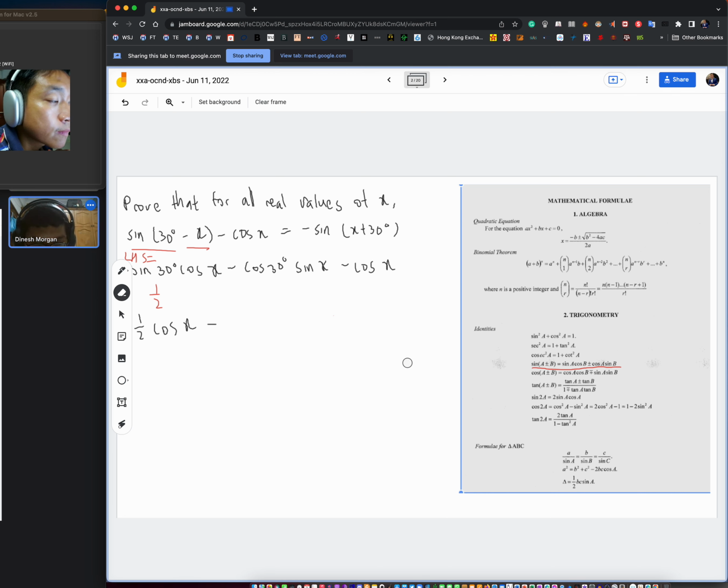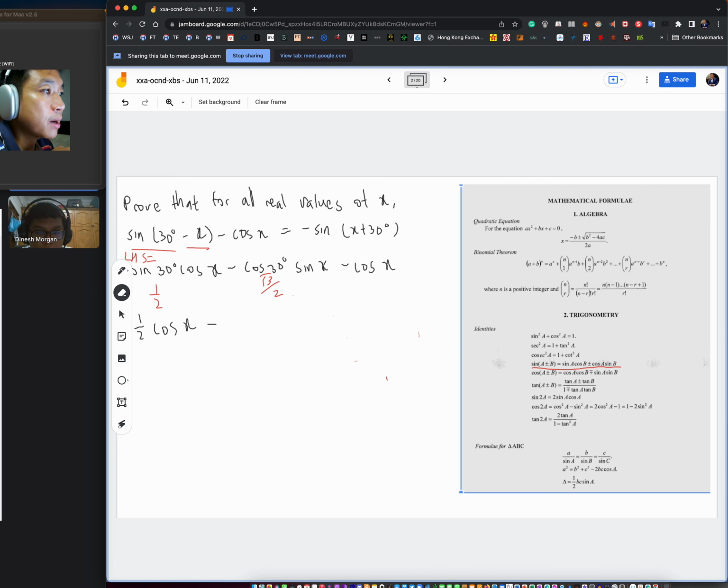AH. This is 30, this is square root 3, this is 1, this is 2. So AH is square root 3 over 2. You can double check.